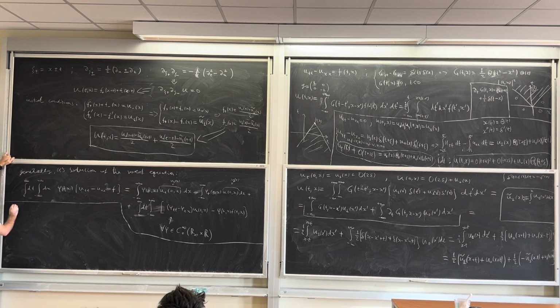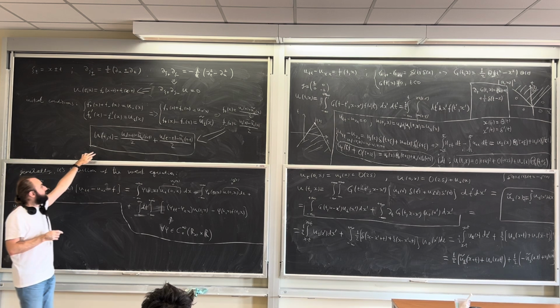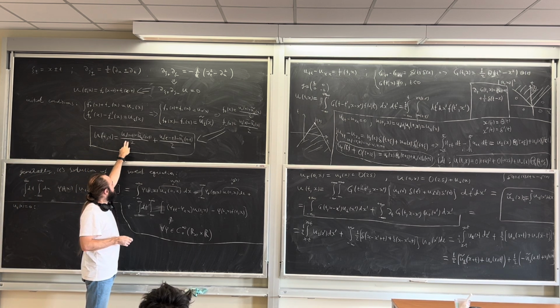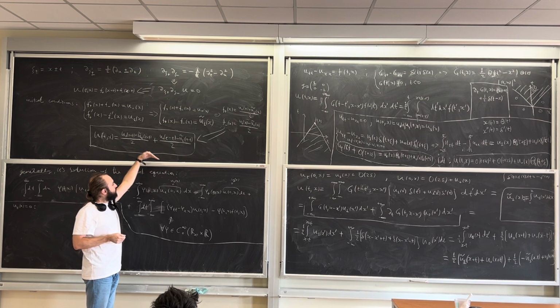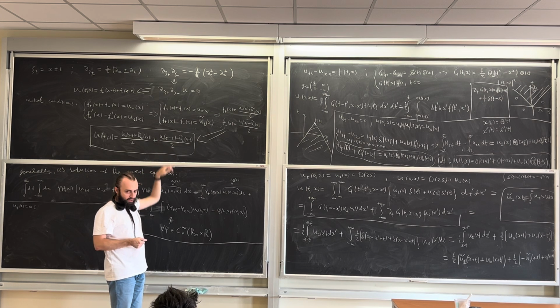Namely, if for example u1 of x is 0, then we see that u of t and x equals 1/2 of u0 shifted forwards by time t and backwards by time t.